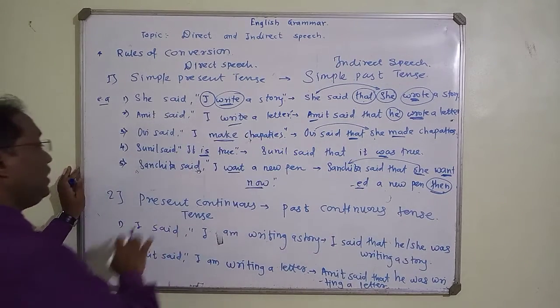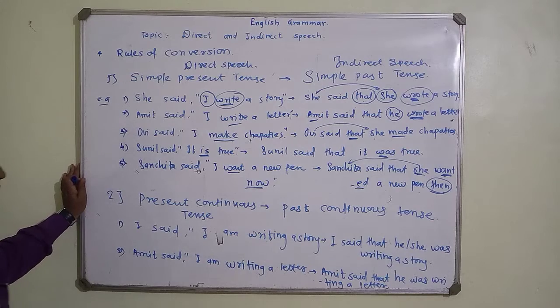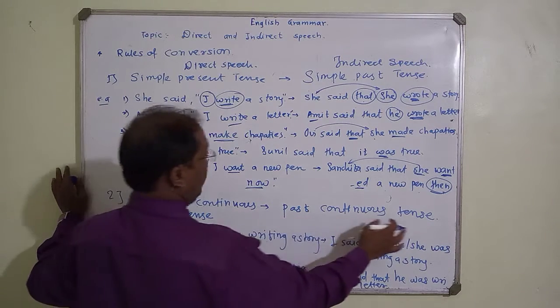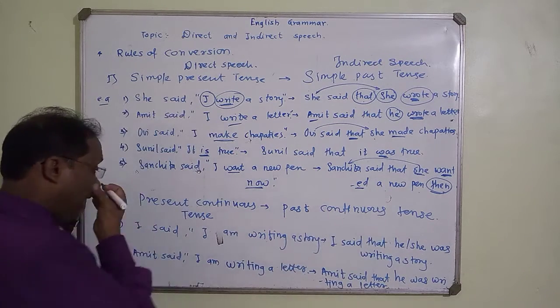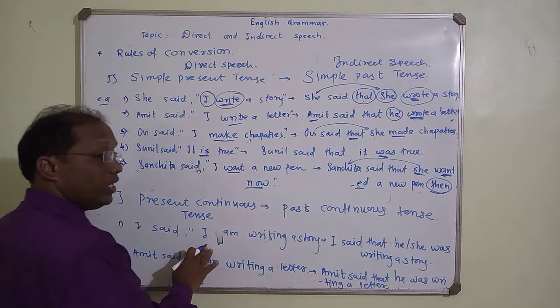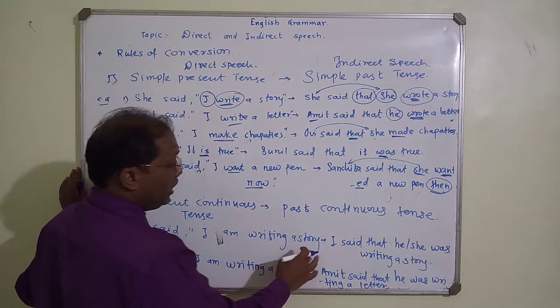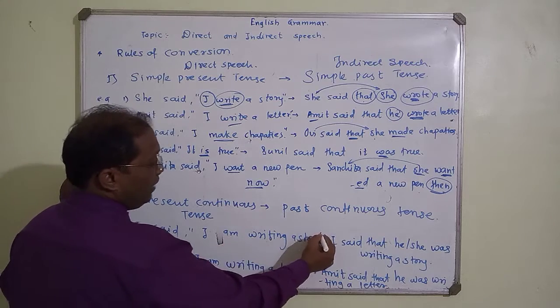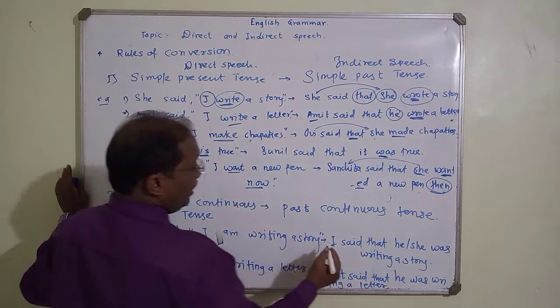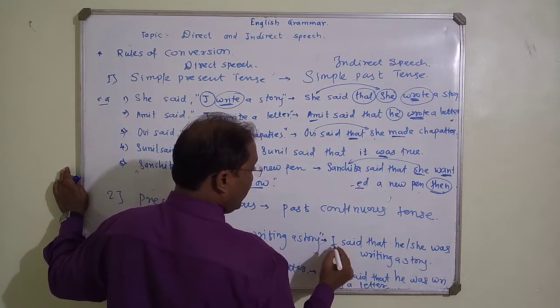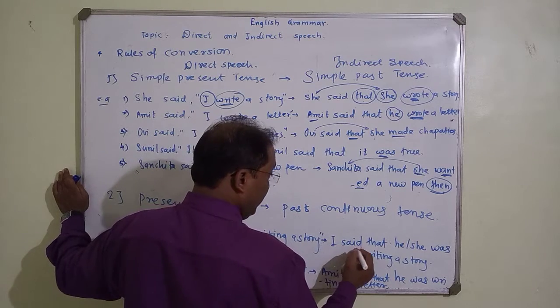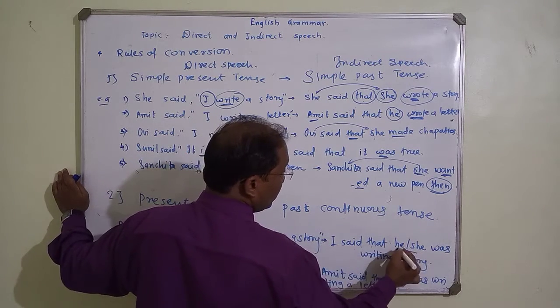Then the next tense, present continuous tense, is converted into past continuous tense. Let's see. I said, "I am writing a story." This is the same tense. I am writing a story. Then we should convert it into indirect speech. I said that he, she.